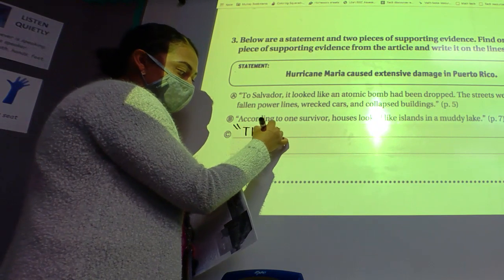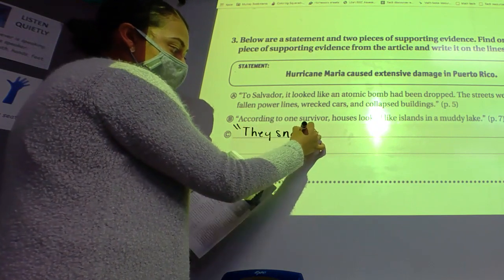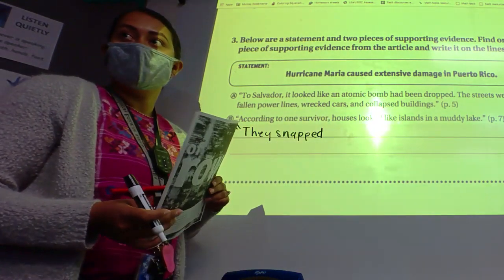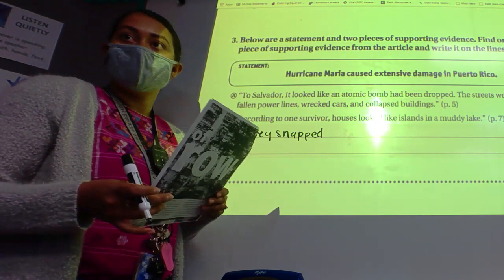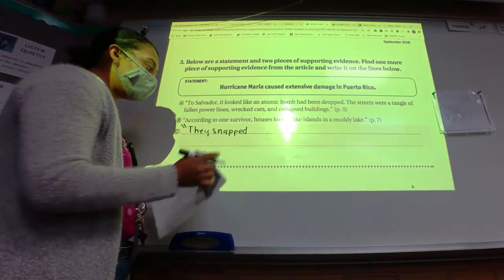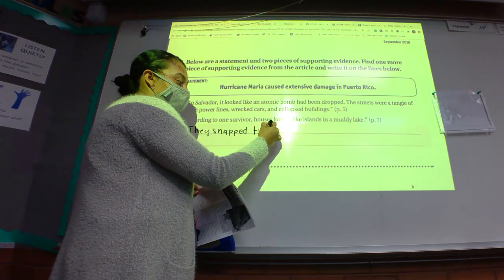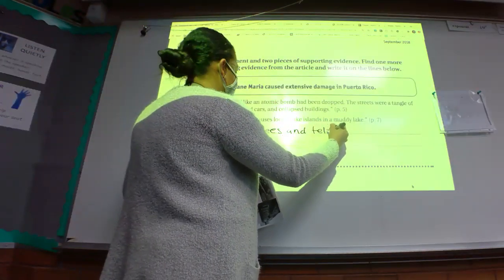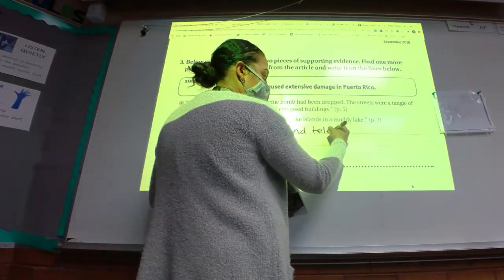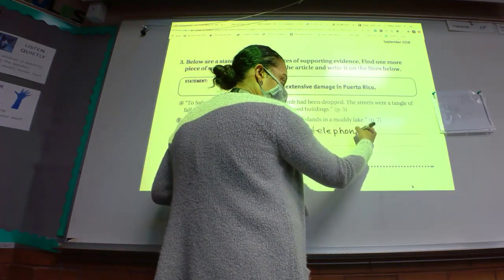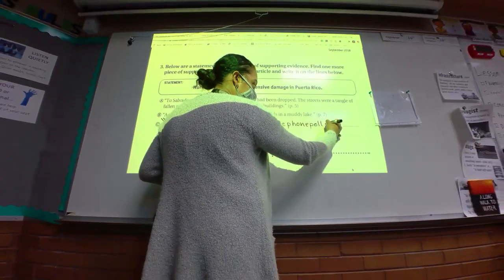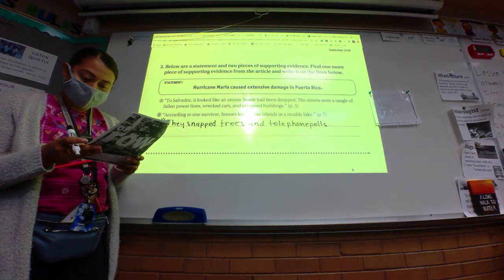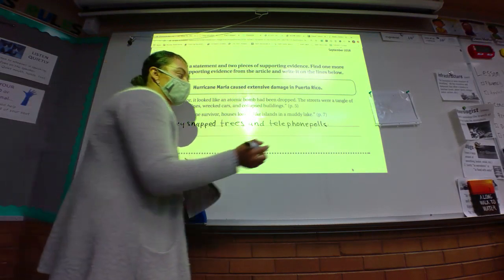They snapped trees and telephone poles. Period. Roofs were torn away.